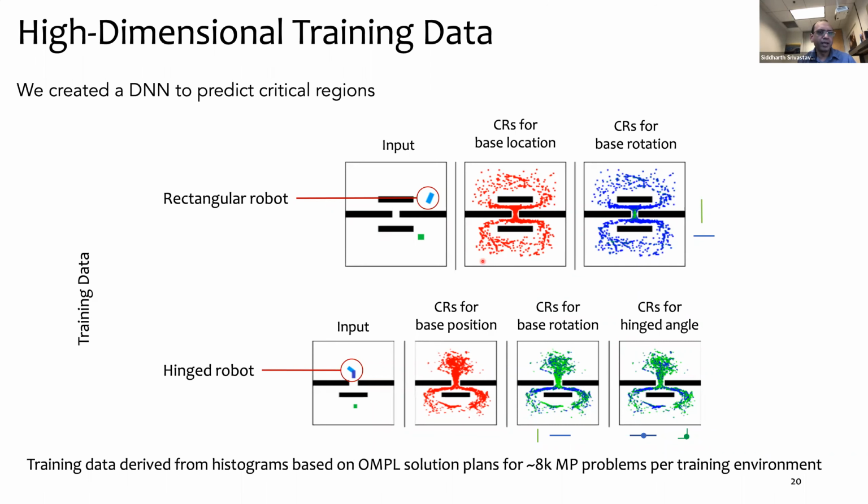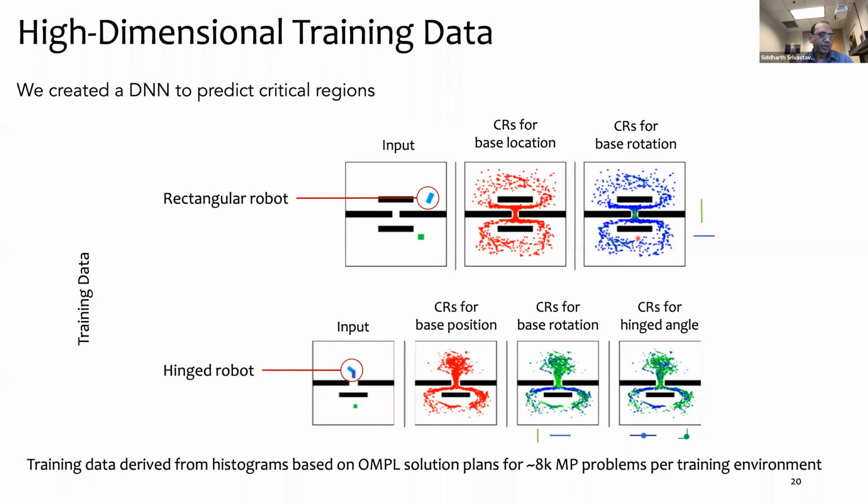So you have to provide critical regions for each of those dimensions. So this data is quite interesting actually. The plot over here is showing what is useful for the base location. And here we are getting critical regions or histograms for the angle for the base. That's the rotation.